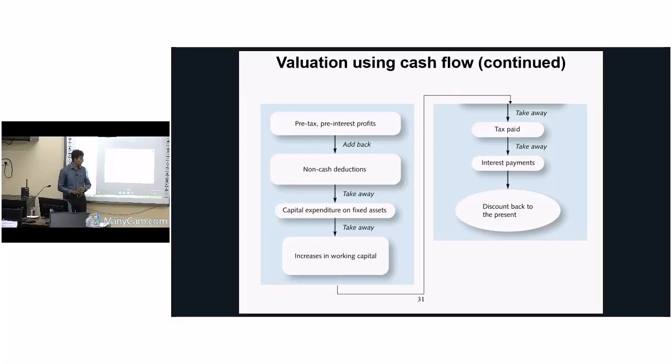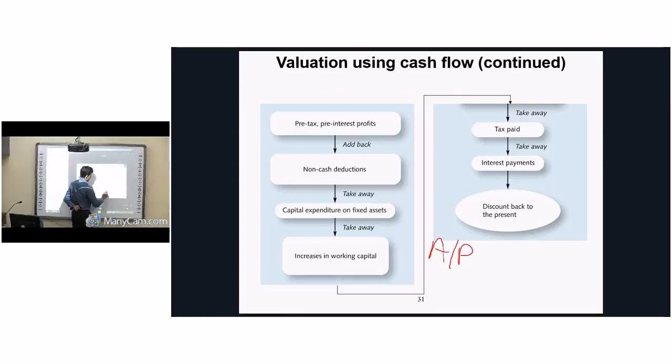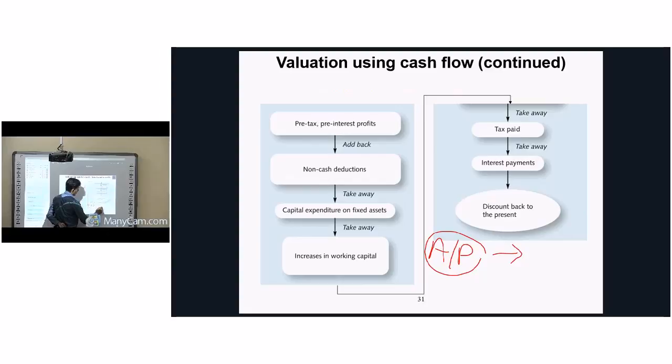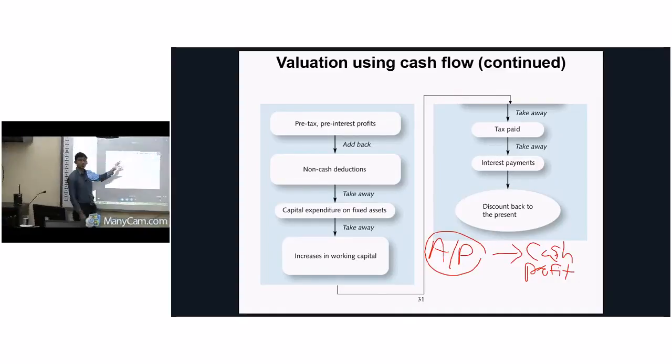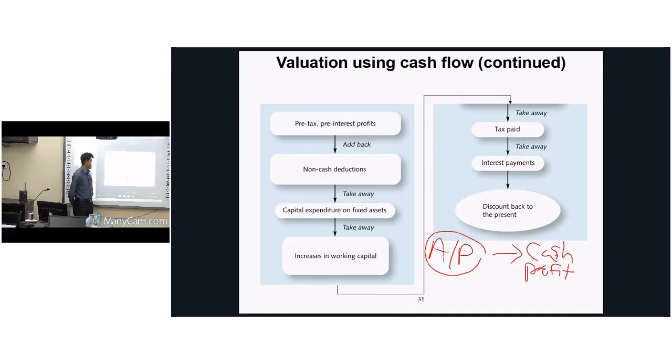So if we have the accounting profit, and if we want to turn it into the cash profit, we need to do certain adjustments, and those are the adjustments that we use in this approach to arrive at the value of the business.